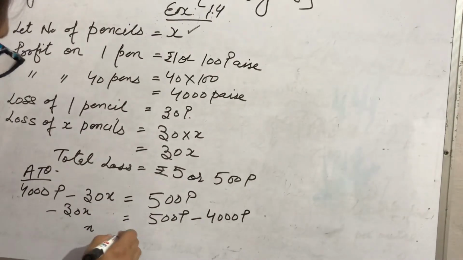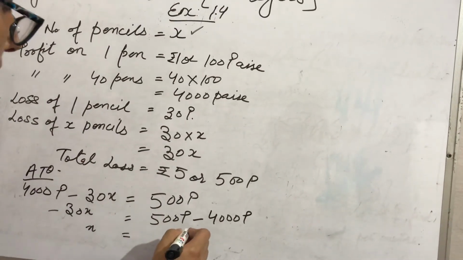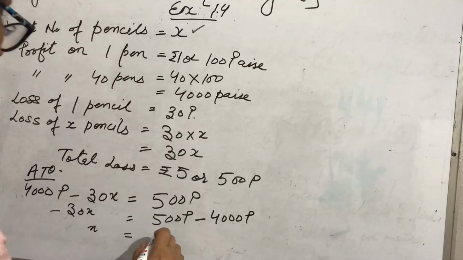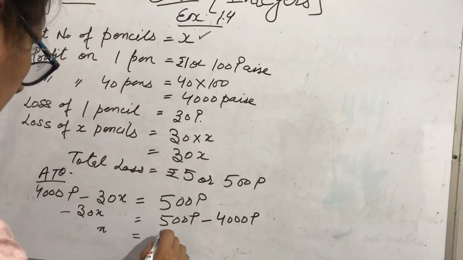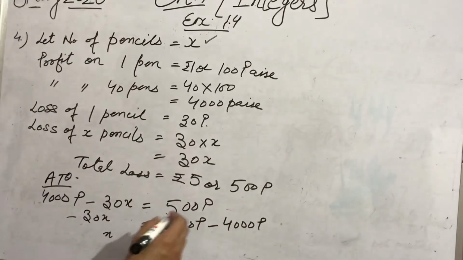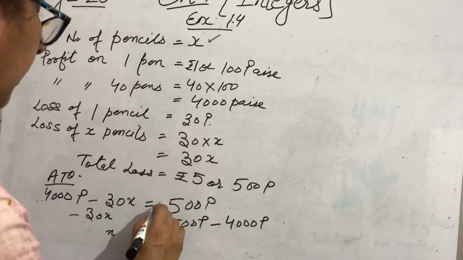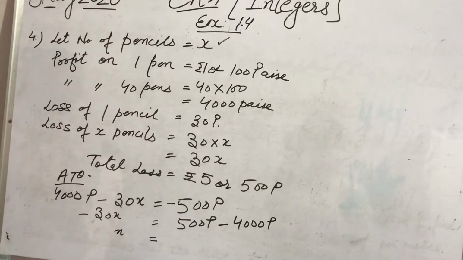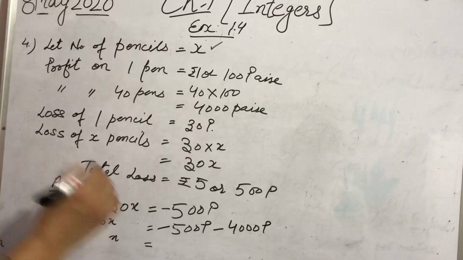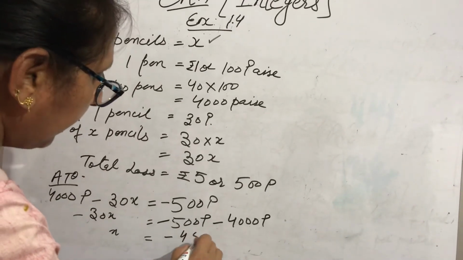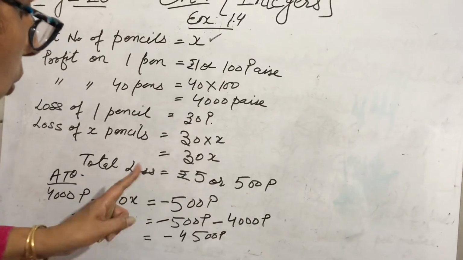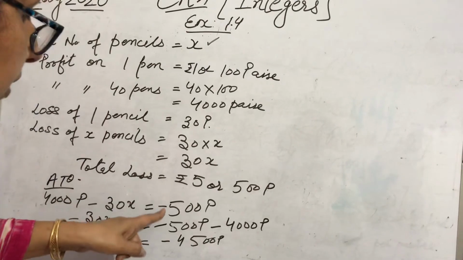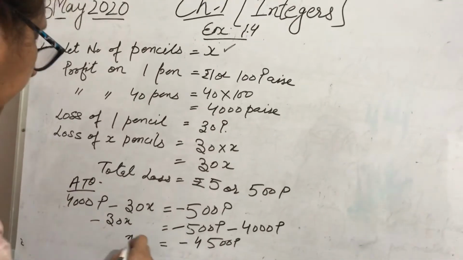So x is equal to, this loss is also negative, so minus 4,500 pies. This negative sign we have used because loss is always taken as negative.